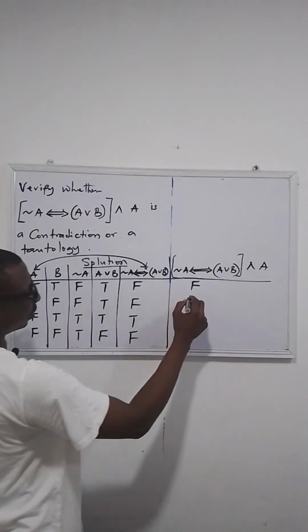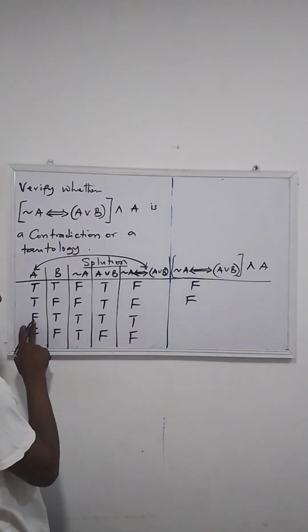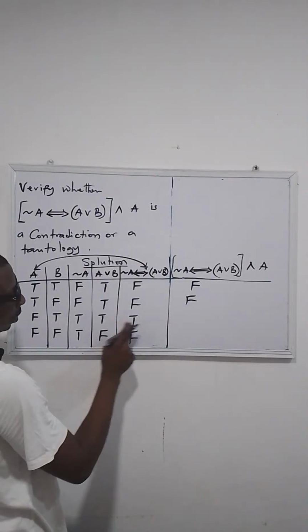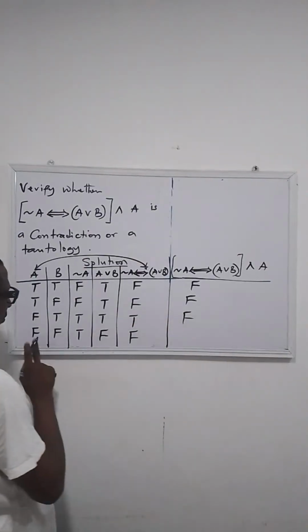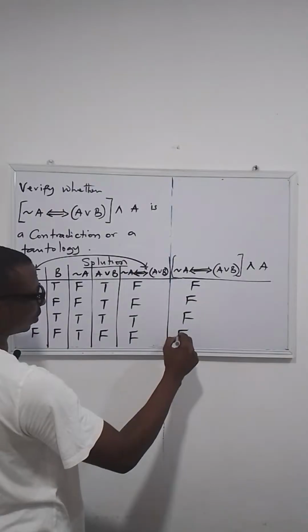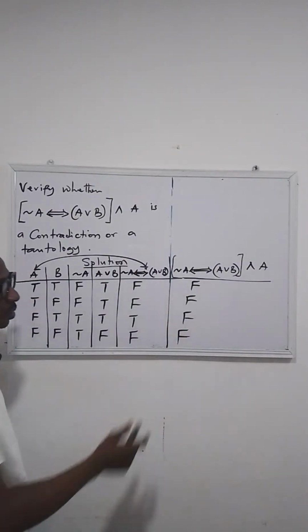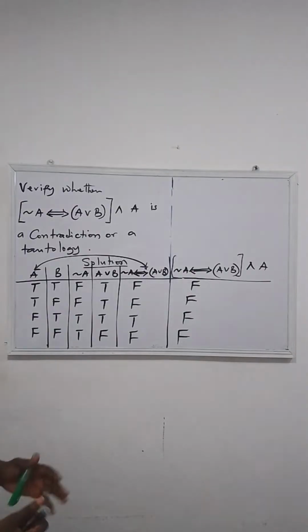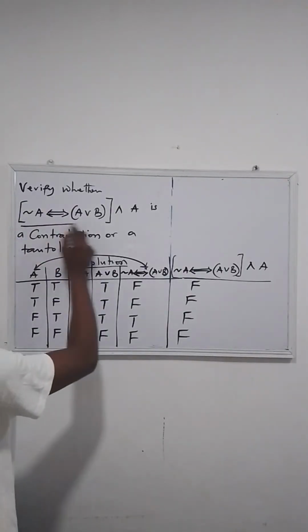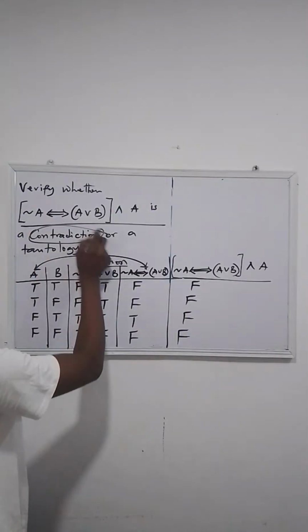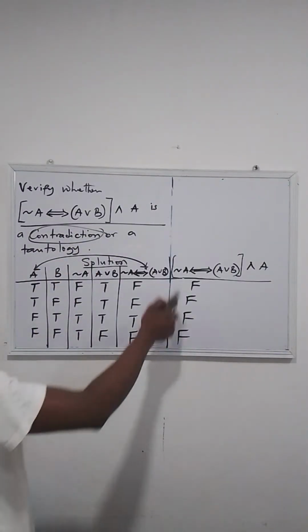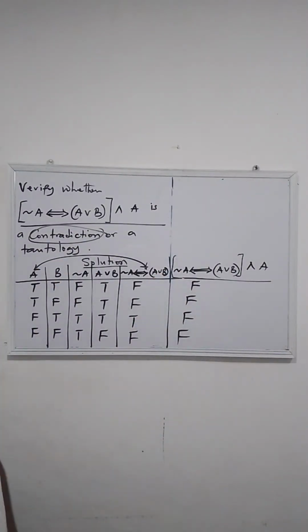Now, true and false is false. True and false is false. False and true is false. And false and false is false. Now, as you can see, all the results here are false. What does it imply? It implies that this proposition is a contradiction, since all the results here are false.